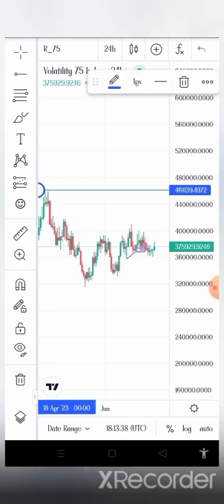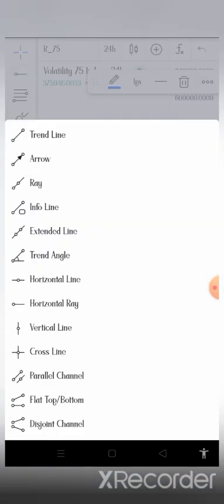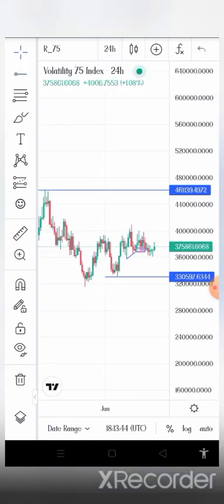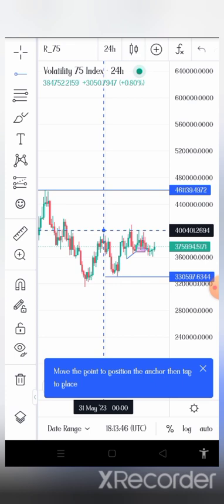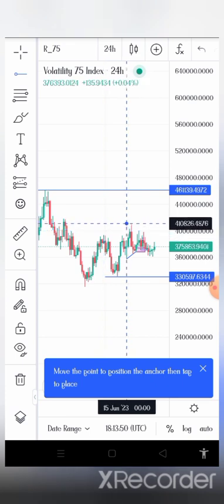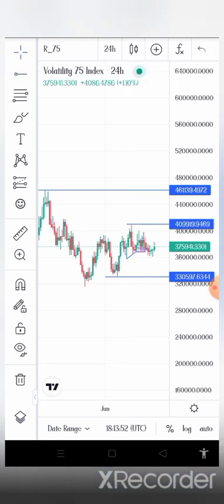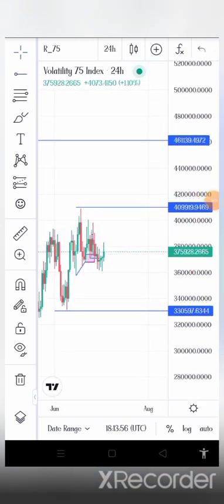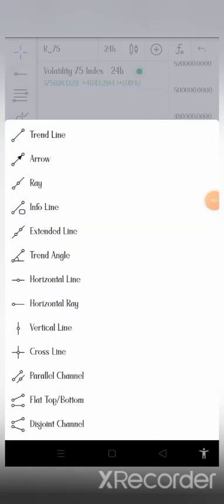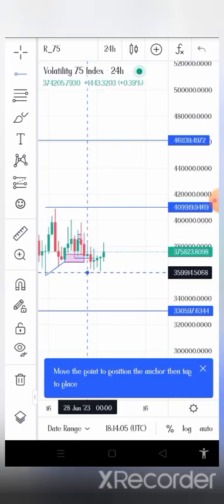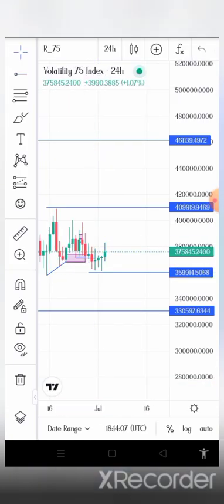So these are liquidity levels, right? Just mark them out, especially the recent ones.